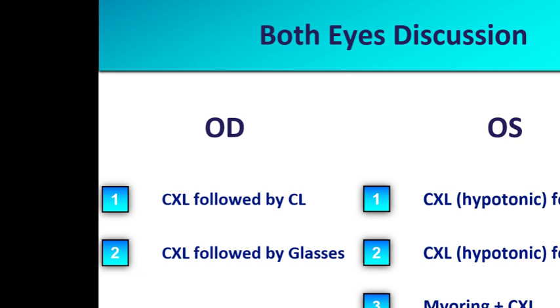I was asked about the best epi-on technique for riboflavin. The only proved technique is as follows. You have to use osmolar riboflavin, regardless of the trade name or the brand name. I'm talking about the composition. It should be osmotic cross-linking. Osmotic riboflavin. We put every 3 minutes 1 drop on the epithelium.